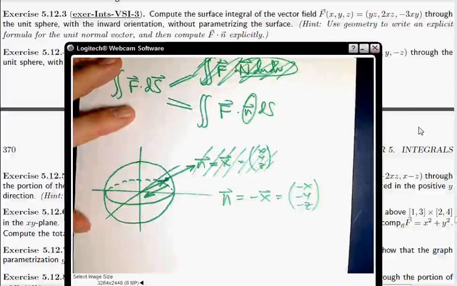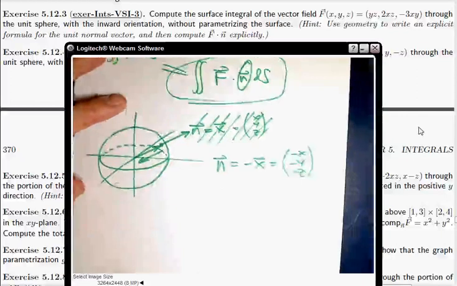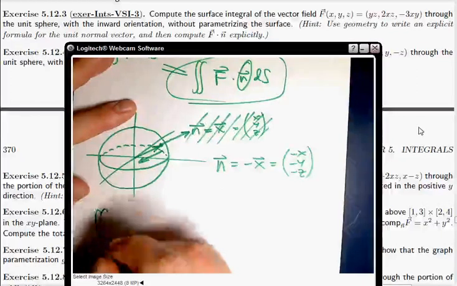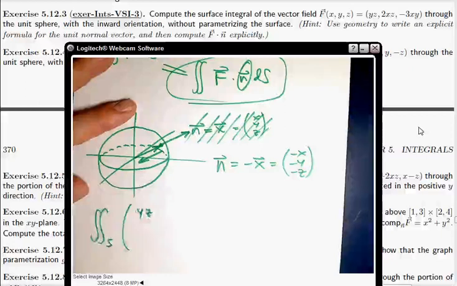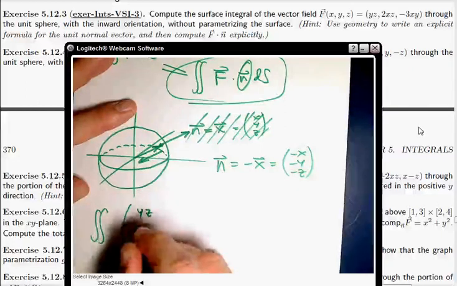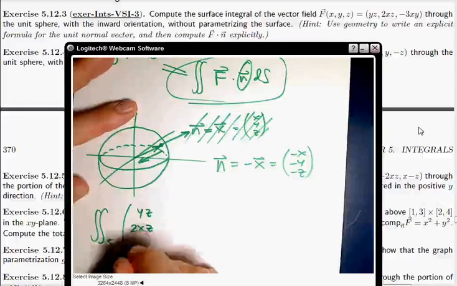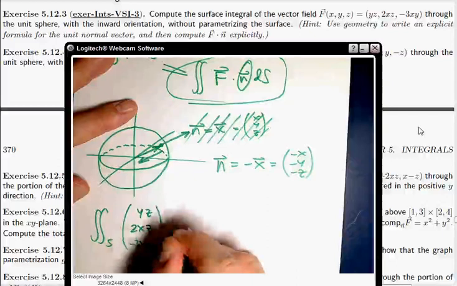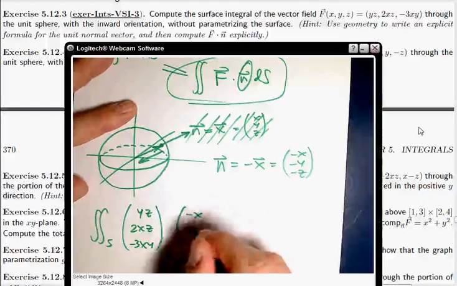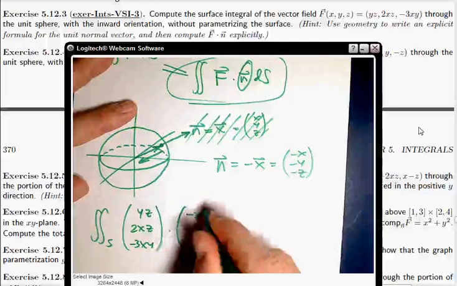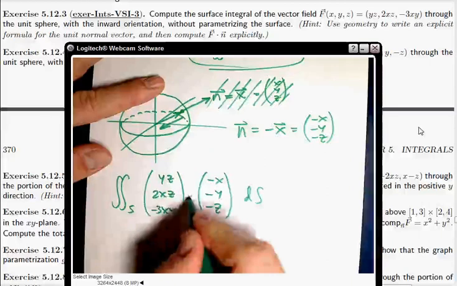Now, let's plug in then to this formula, and what we get is, well, let's see, F is yz, 2xz, negative 3xy. Now dot our unit normal vector, which is negative x, negative y, negative z, and we're going to do a scalar surface integral of that dot product.